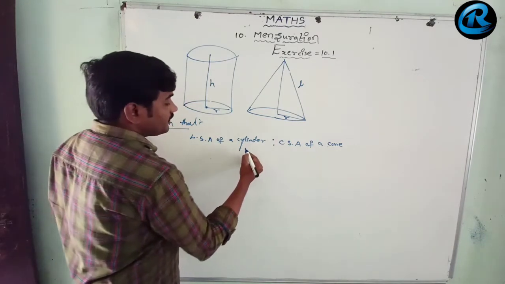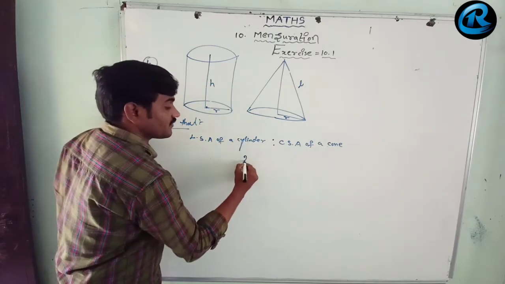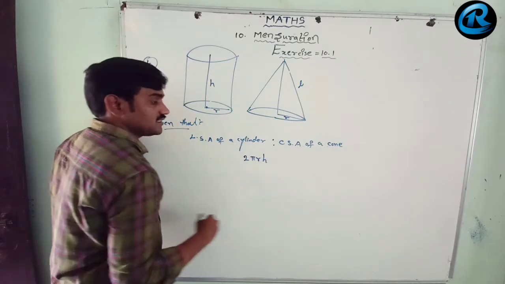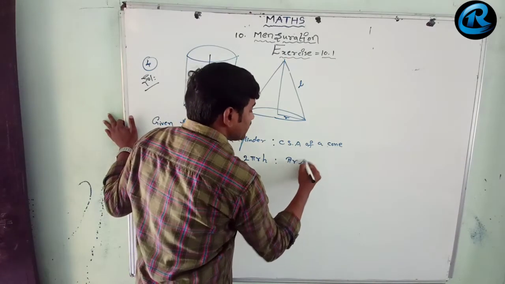Then the cylinder's lateral surface area formula, 2 pi r h, is equal to the curved surface area of the cone formula, pi r l.